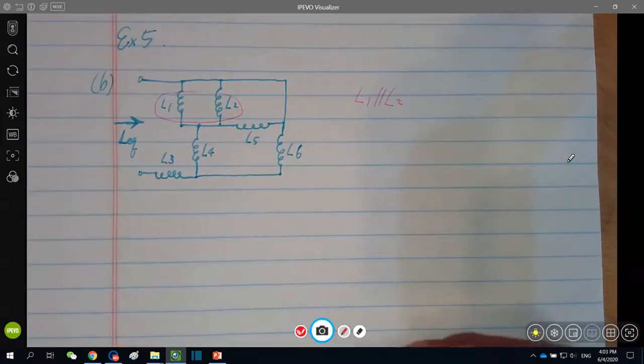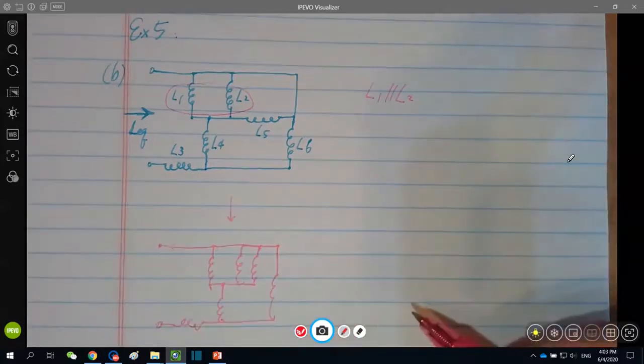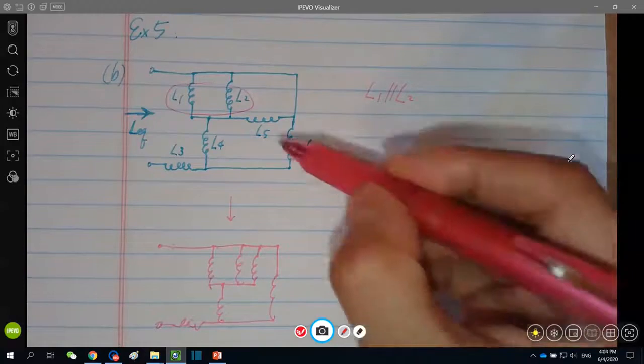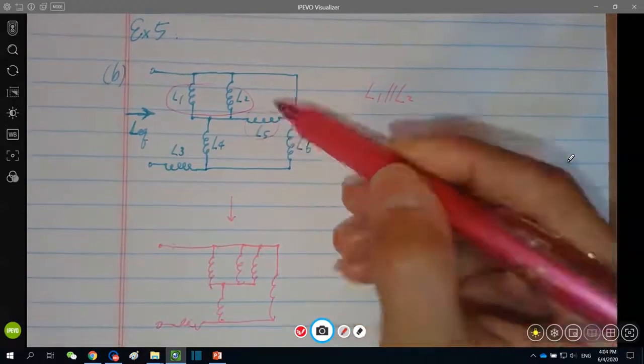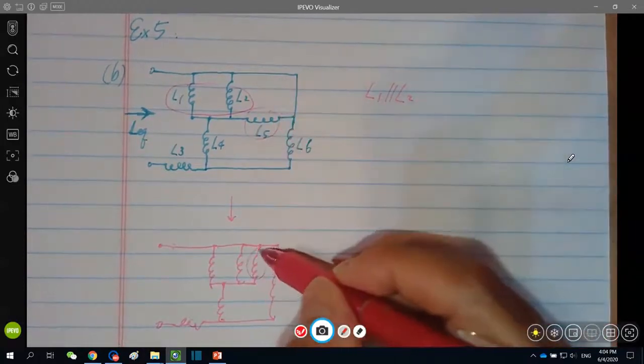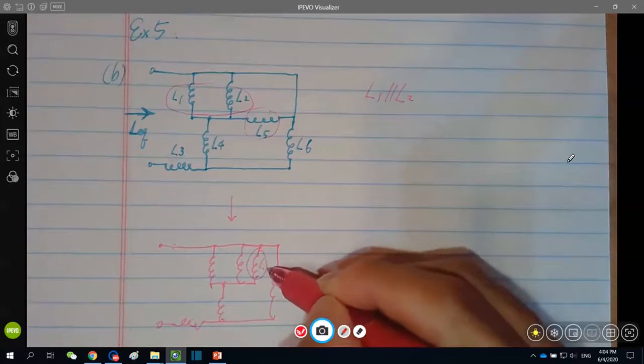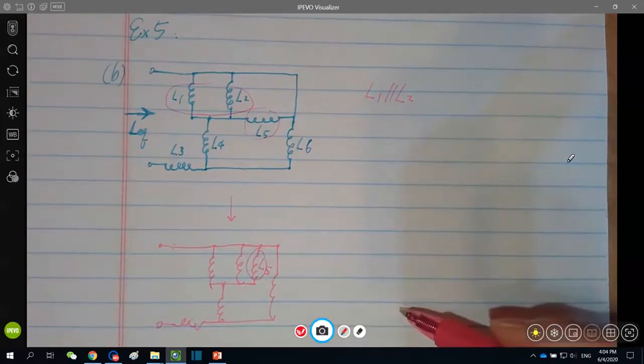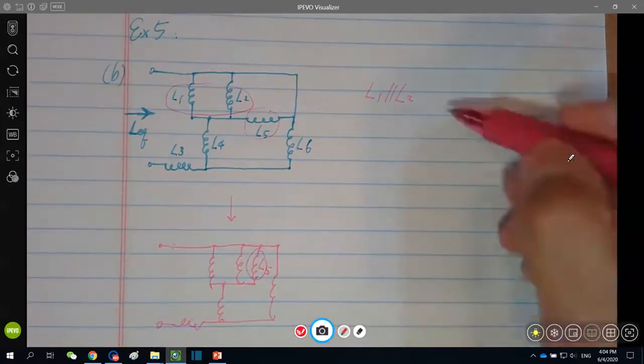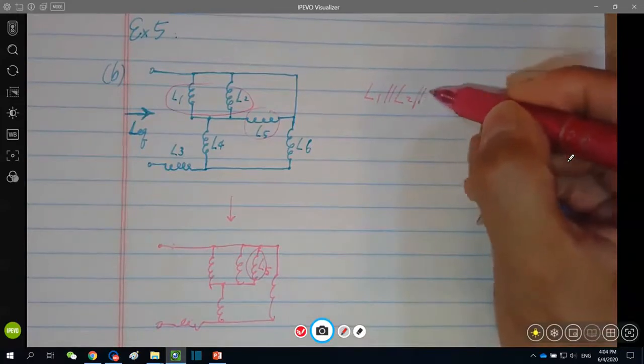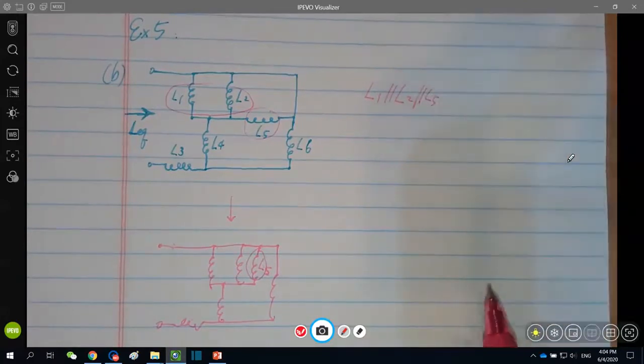The circuit looks a little bit tricky, but if I do an equivalent redraw by rotating L5 to be vertical like this, then you should be able to immediately realize L1 to 5 are parallel. Once you identify this, the rest is very straightforward.